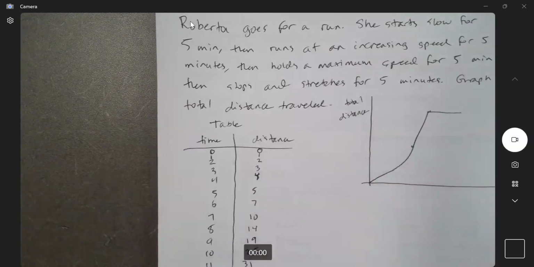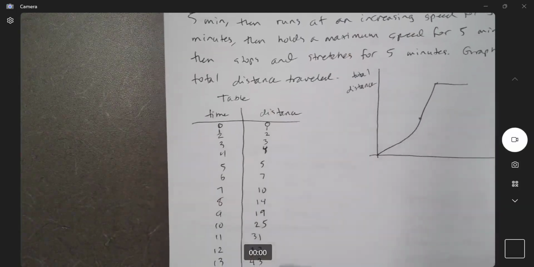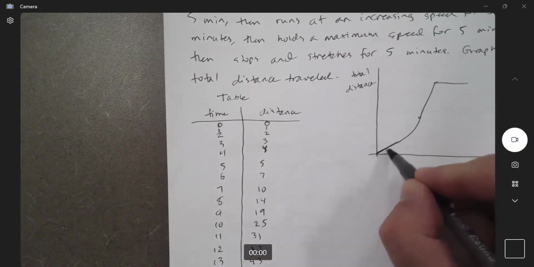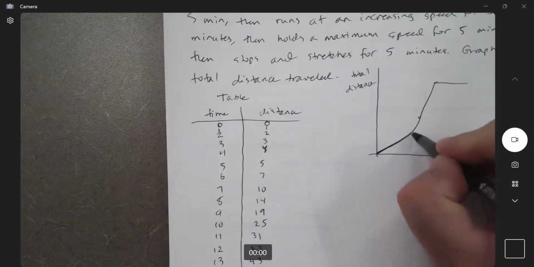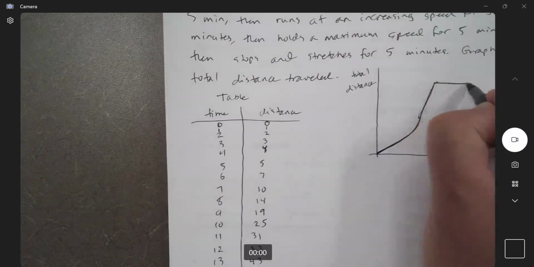It might give you more information about what the coordinate points look like. But I just came up with this example off the top of my head, so I didn't have a lot of strong details, and we just filled in some numbers to give us a general idea. Straight, curving up, straight, and flat.